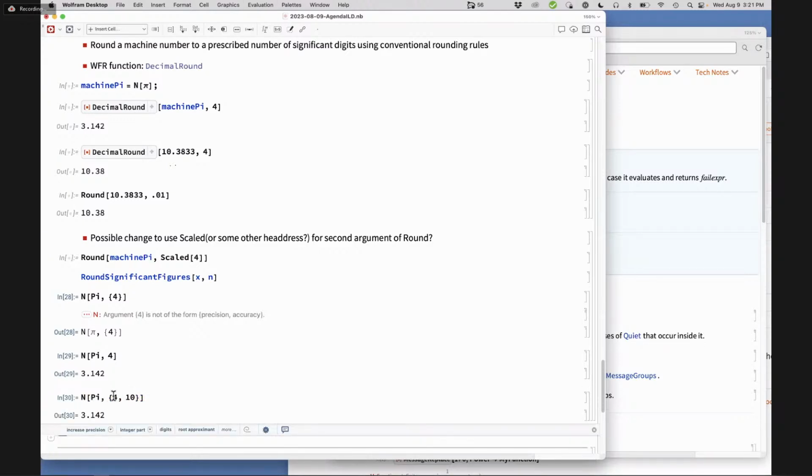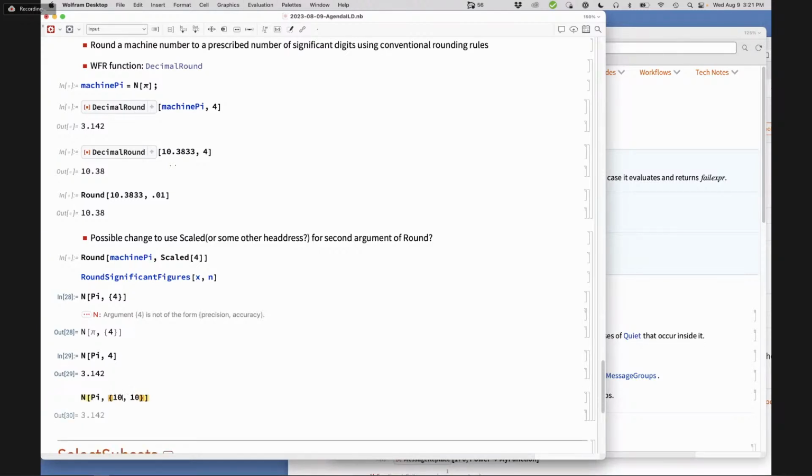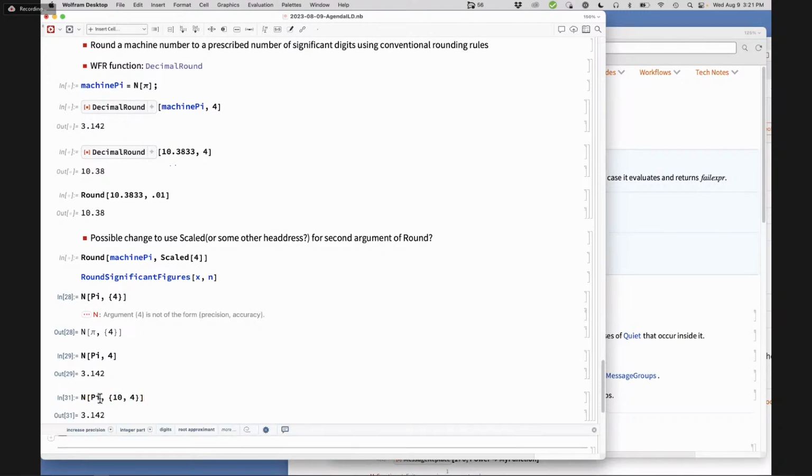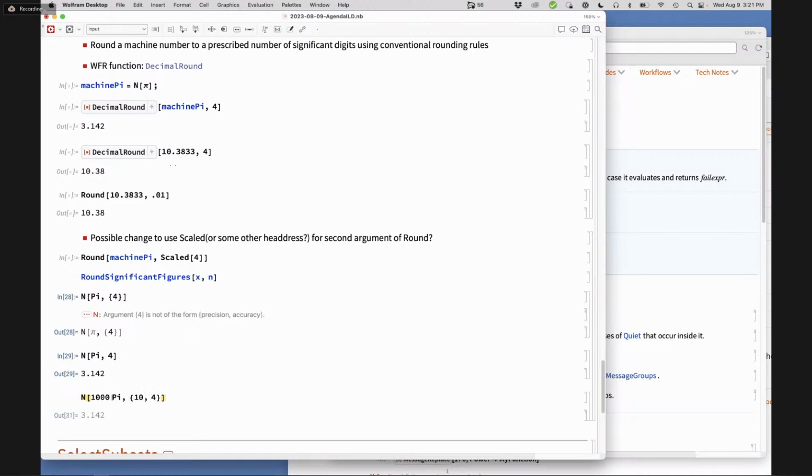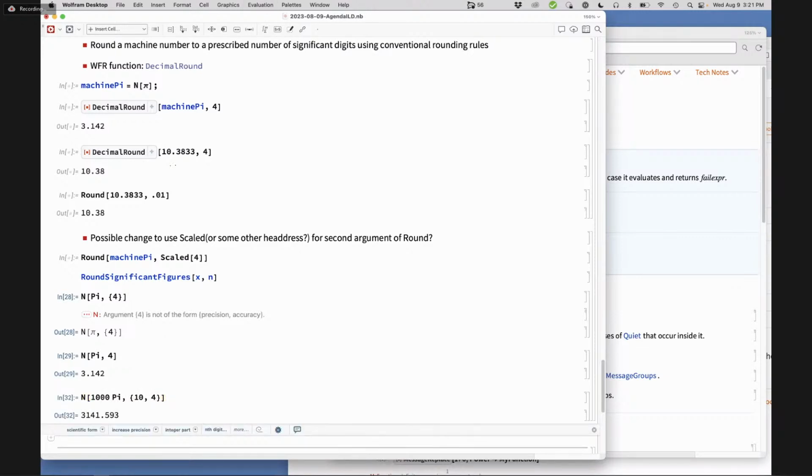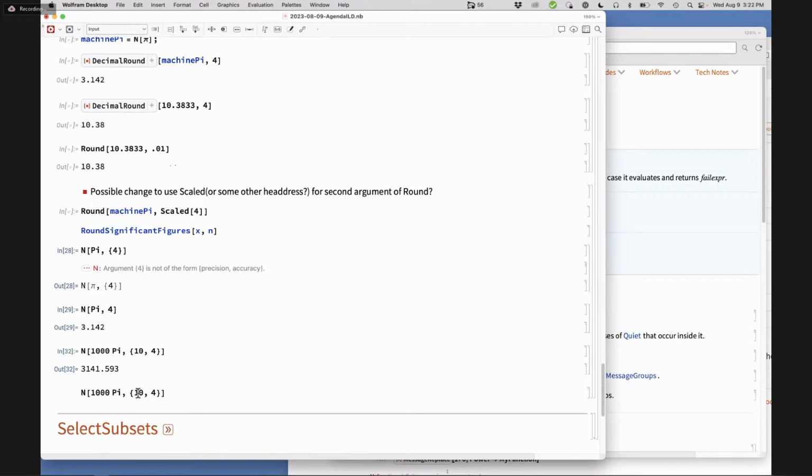I don't understand what that does. 10, comma 4. 1,000 pi. I don't understand this. 4 places. Right, so it's accuracy 4. So 4 digits after the decimal point.